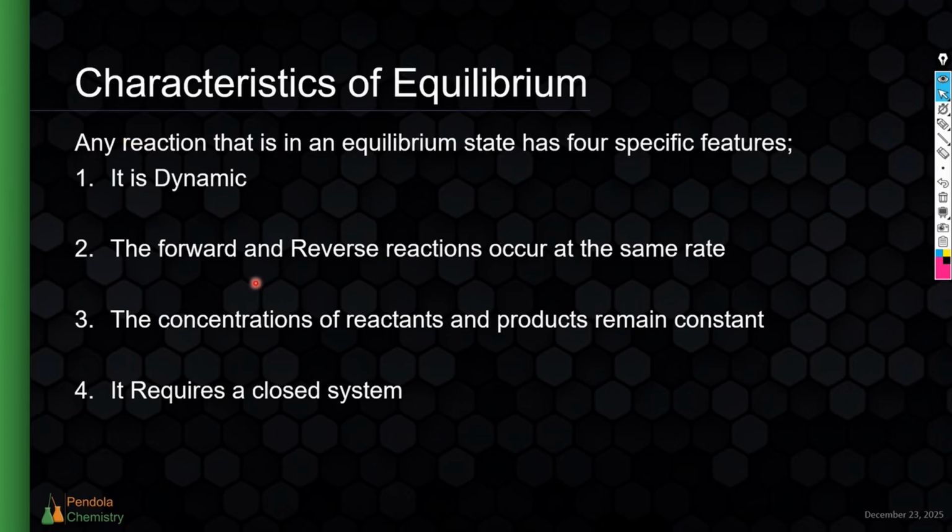We need to have both the reverse and forward reactions occur at the same rate, at the same speed, which will lead to the concentrations of the reactants and products remaining constant, not changing because the reverse and forward reaction are happening, again, at the same speed. And finally, we are required to have a closed system for these reactions so that the reactants and the products are in constant interaction with each other and both the reverse and forward reaction can occur.